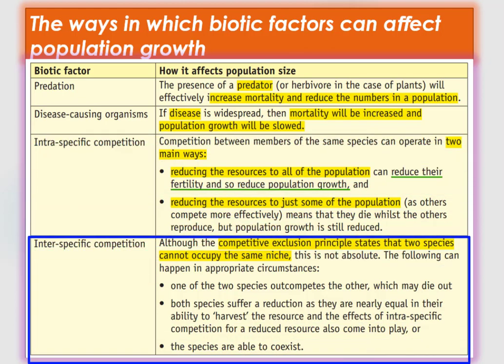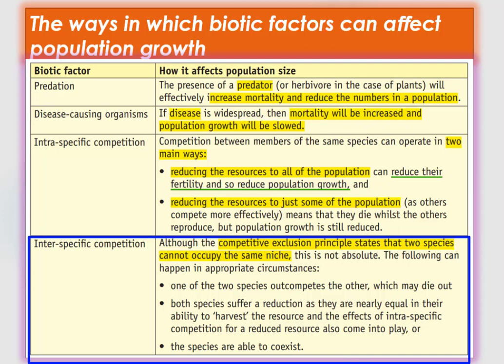How does interspecific competition affect population density? Although the competitive exclusion principle states that two species cannot occupy the same niche, this is not absolute. The following can happen in appropriate circumstances. The first event, one of the two species outcompetes the other, which may die out.